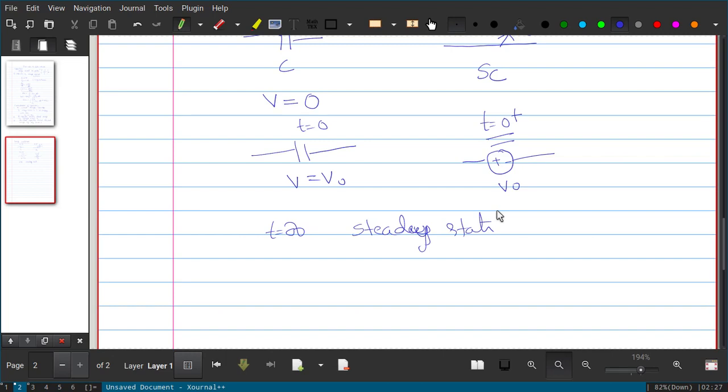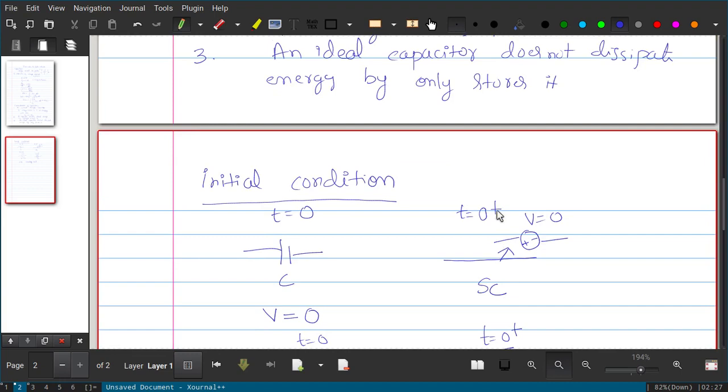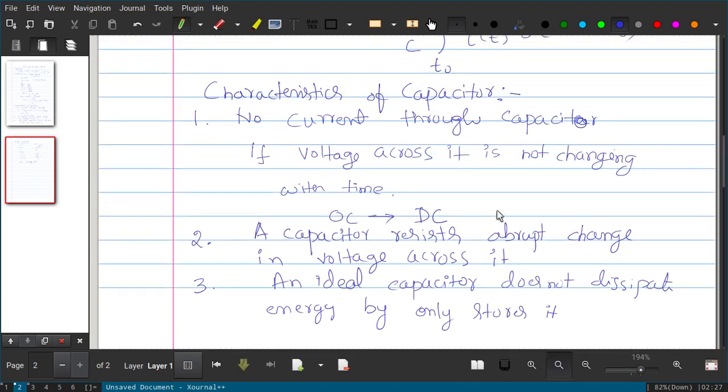It's called steady state. Capacitor will attain a steady state. In that steady state, how capacitor can be modeled, that we have already discussed here. See this one characteristic: no current flows through the capacitor if voltage across it is not changing with time. You are keeping a constant voltage across a capacitor.